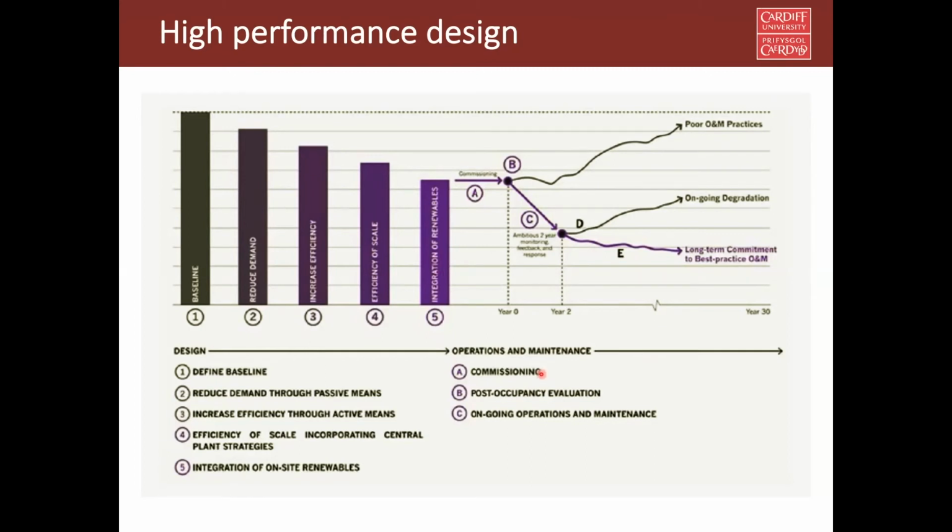That's not the end as well. After the residents start living there or people start working there, we have to have post-occupancy evaluation after 6 months or 1 year, or at intermittent times, to see how well the building is performing compared to the prediction. Okay, and that links to operation and maintenance.